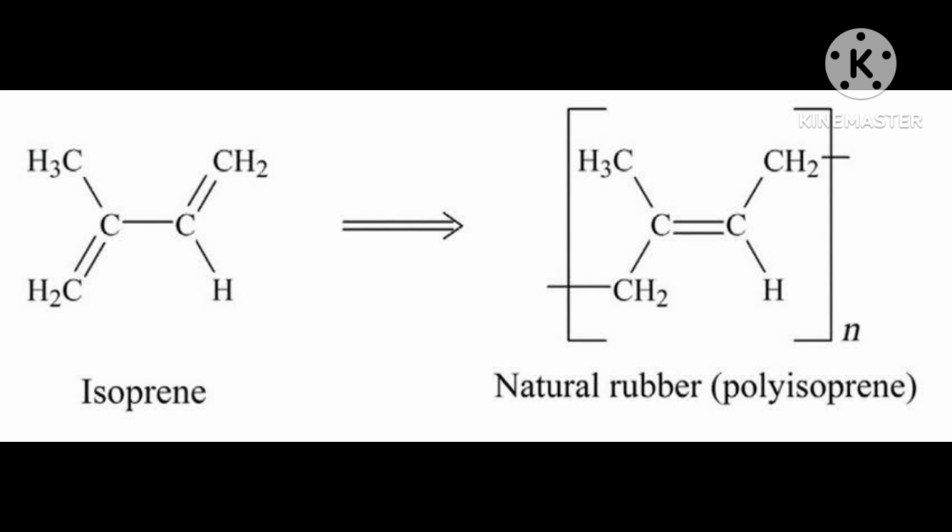Then where will it react? You know that the bond will always break from the double bond. In styrene, the CH and CH2 double bond will come closer to 1,3-butadiene.